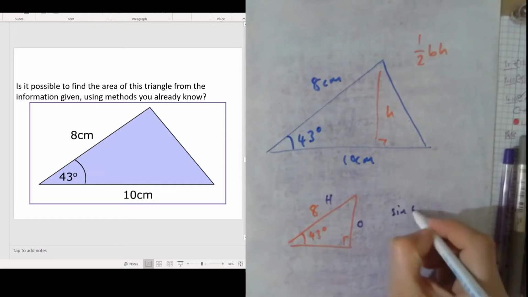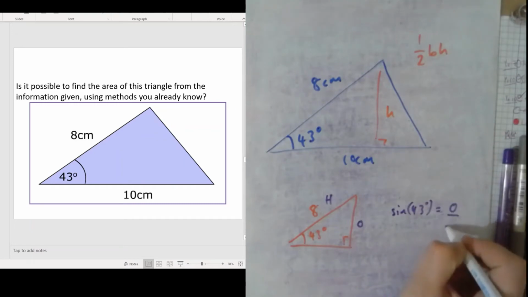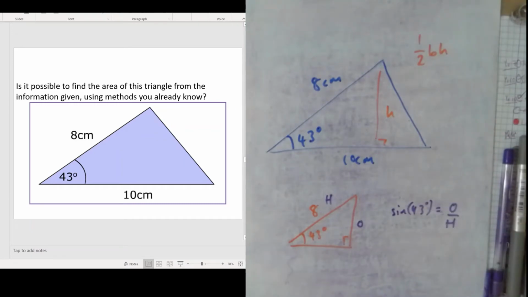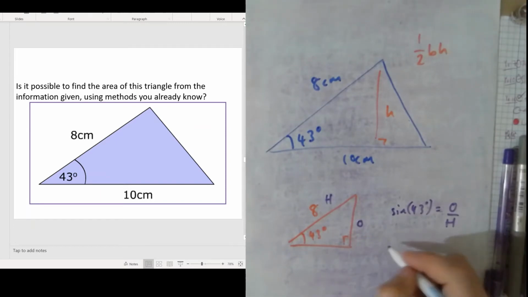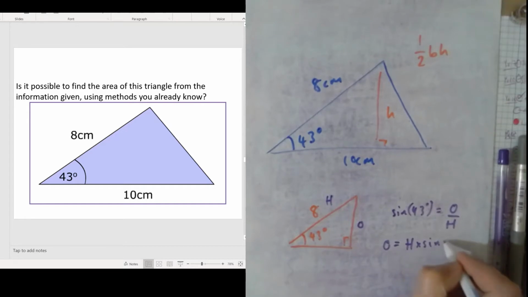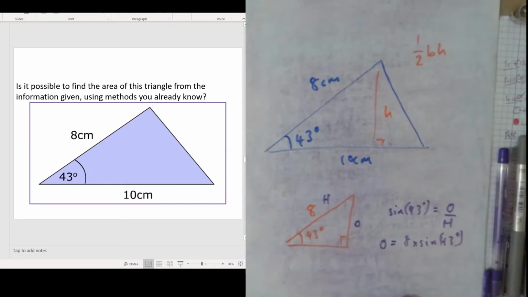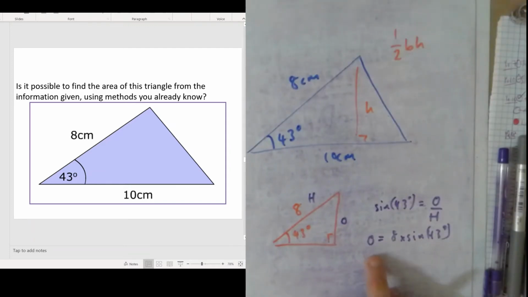I'm saying sine of 43 degrees is equal to opposite over hypotenuse. And I want to find out what the opposite is, so I've got to rearrange this. My opposite is the hypotenuse times sine 43 degrees. And instead of the hypotenuse, let's just pop an 8 in there, because that is the hypotenuse. So that is my opposite. So this is my height.